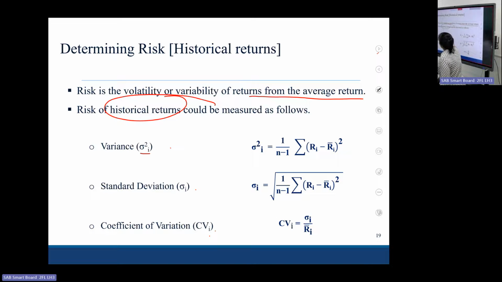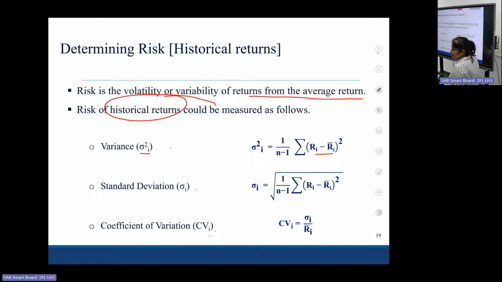What is the difference between variance and standard deviation? Normally the square root of the variance is always the standard deviation. If you look at this formula, I believe this is not the first time we are seeing a formula like this, right? You can see this is the deviation of the particular return from the average, and the square of the deviation.